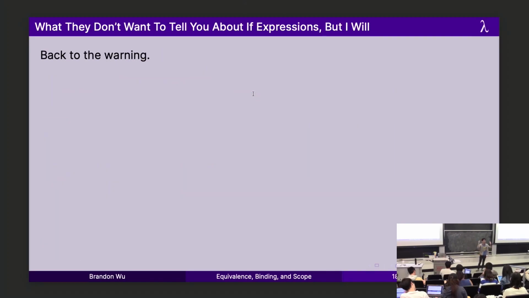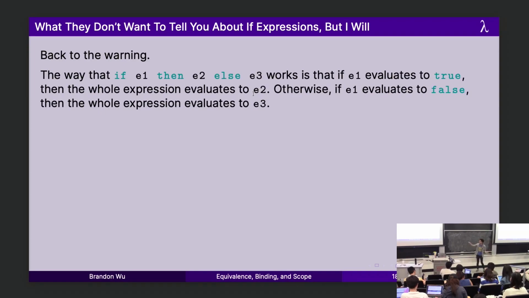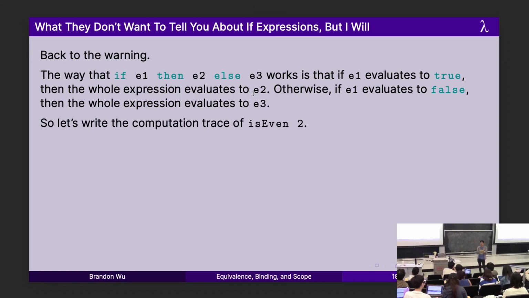But back to the warning, anyways. What this if expression really does is it evaluates e1 to a Boolean. Then if it's true, it goes to e2. Otherwise, if e1 evaluates to false, then we go to e3. That's what it does. So let's try is even 2. Okay, let's trace it.